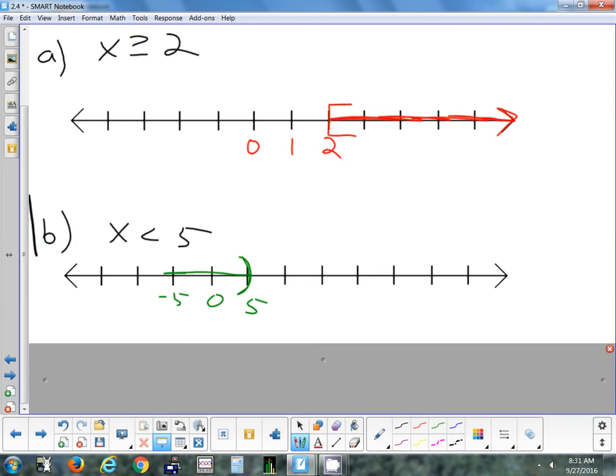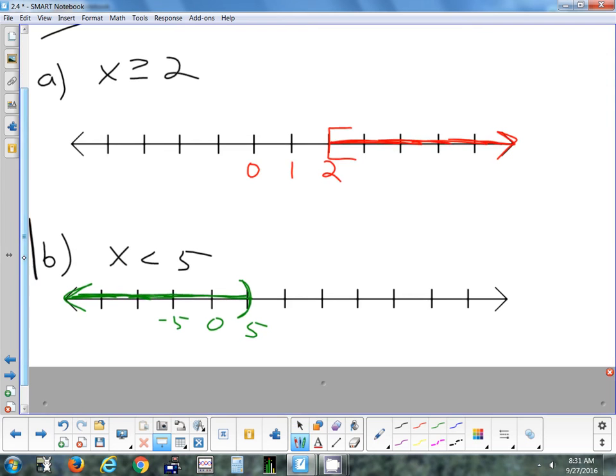Now, can you always just go by the direction the inequality points? In the last 2 we did, but can you always do that, David? If your variable is on the left side. Yes, only if your variable is on the left side. Okay? If you had a problem, 5 is greater than x, that's exactly the same thing.